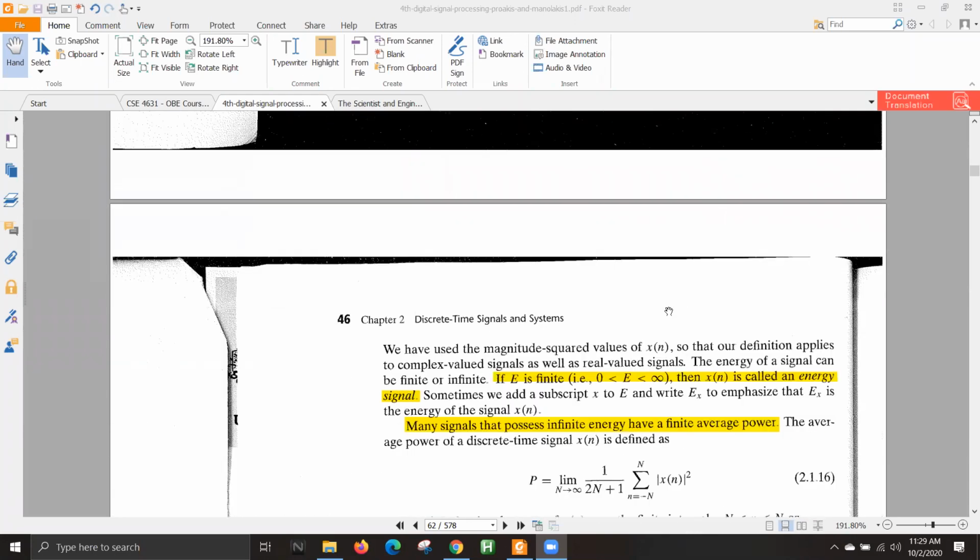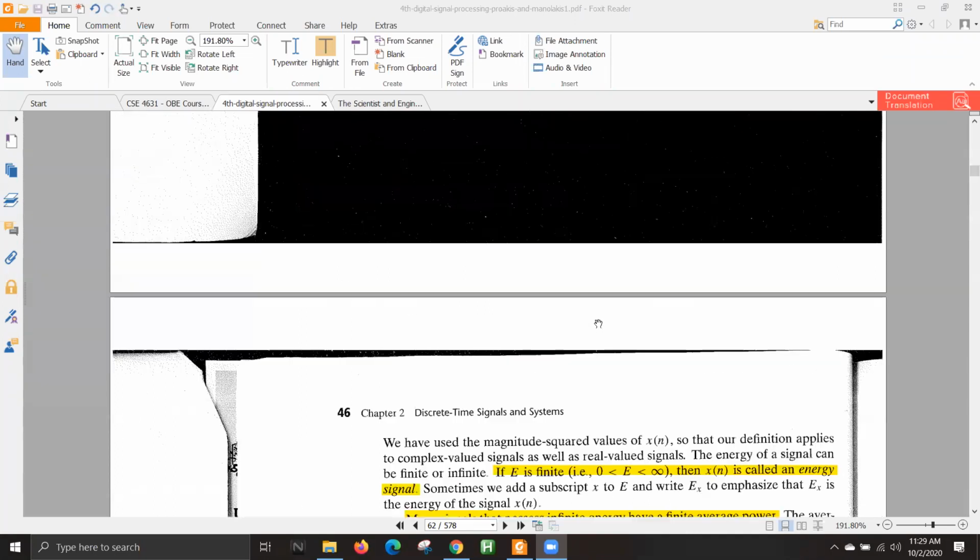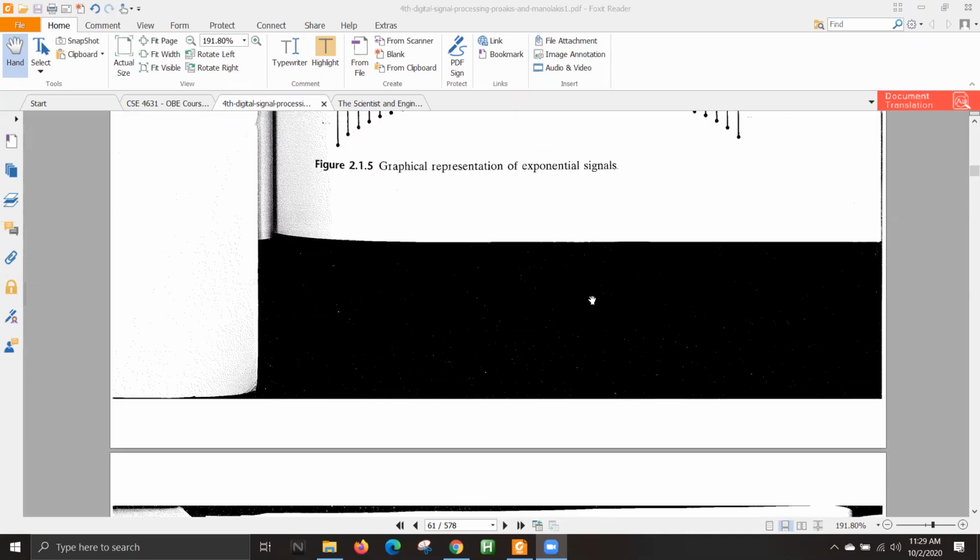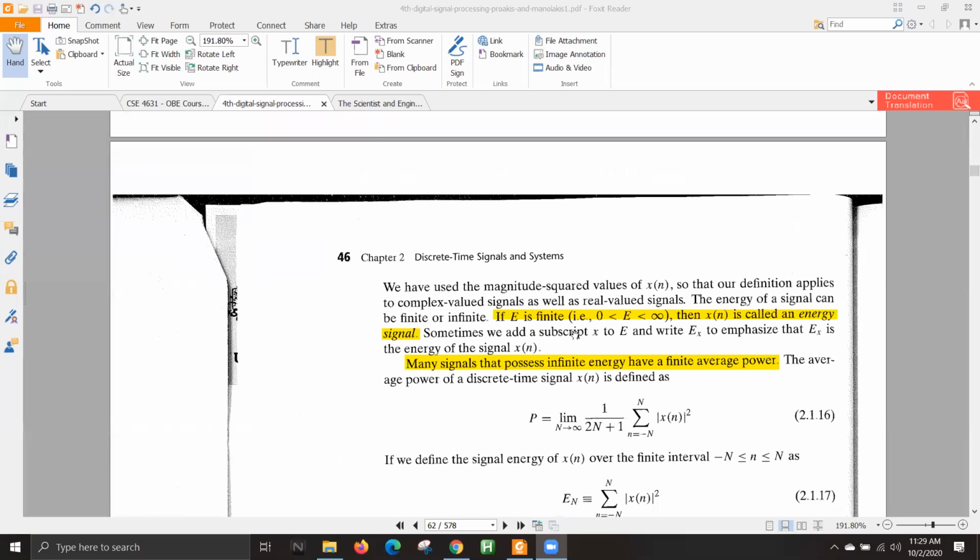Okay, and if this energy that we talked about is finite, then the signal is called an energy signal. So already it is understood that if it were infinite then it would be called a power signal. You might be thinking that, but not exactly that. If finite, it's called an energy signal, and many signals may have infinite energy, but they will have a finite average power.